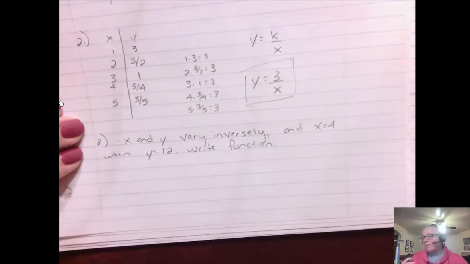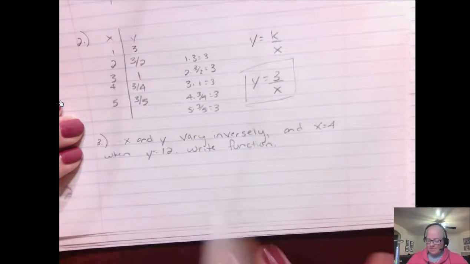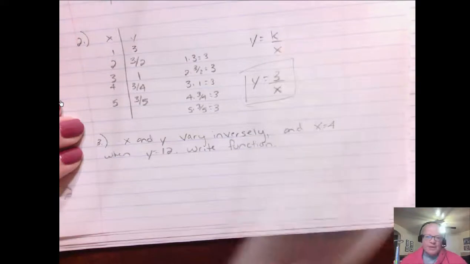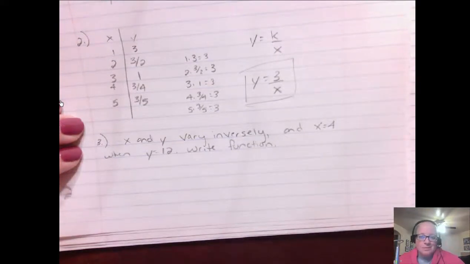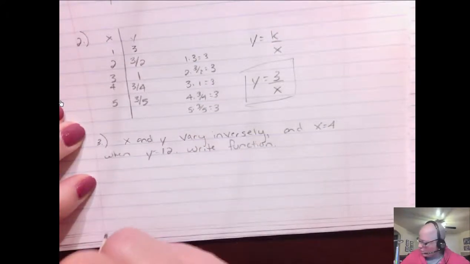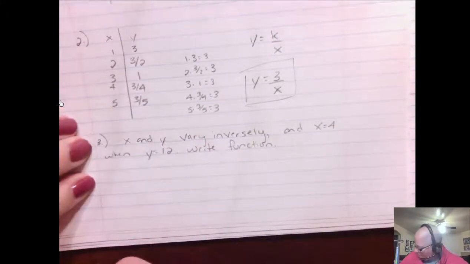Combined means you have more than one, like you might have more than one letter being times down here, or in the direct it would be like k times x times z times t or something. So there's a combined word you might see as well. Not so much in this section for you, but you might see it on an ACT or some other place.